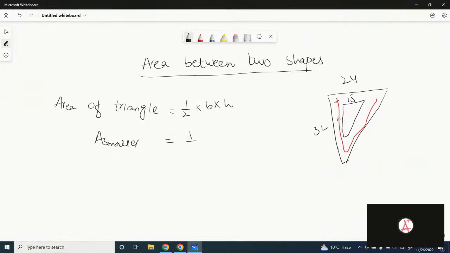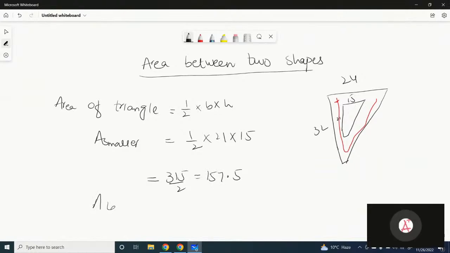It would be 1 by 2 times height 21 and base 15. Let's just do 15 times 21. 15 times 21 is 315 and 315 divided by 2 is 157.5. Got it?